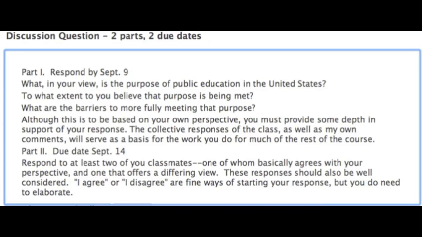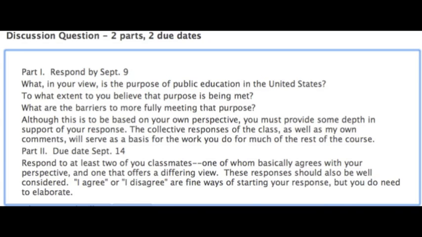By depth, this is a good general rule of thumb as well. Make sure that you're providing real evidence and heft to your response. Don't make your response to a prompt like this or a prompt in our class just sort of an unsubstantiated mush.